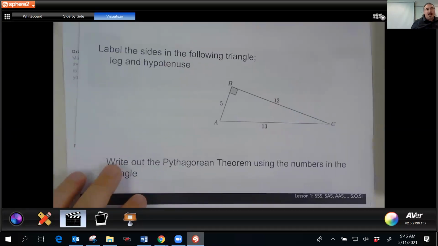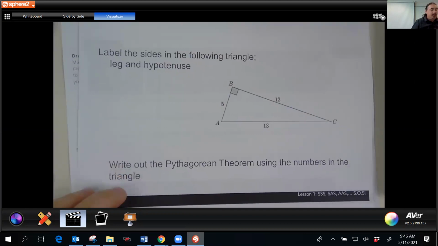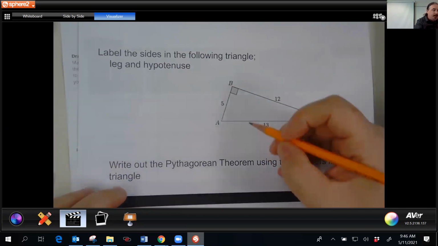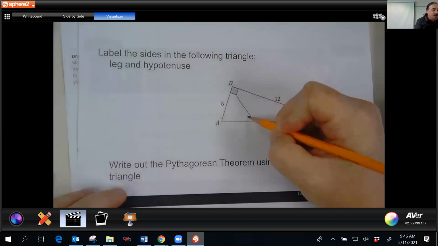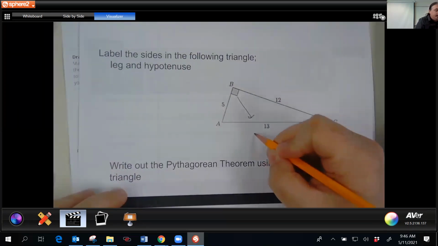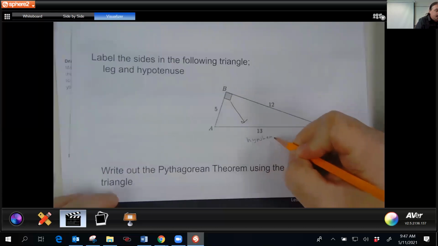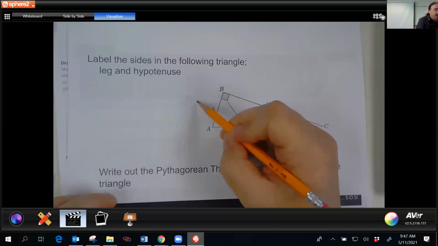So we're going to label the sides in the following triangle: leg and hypotenuse. Which ones are the legs? Well, let's start with the hypotenuse instead of legs. The hypotenuse is always the side that is directly across from the 90-degree angle. So this would be our hypotenuse. Our legs are going to be the other two sides.